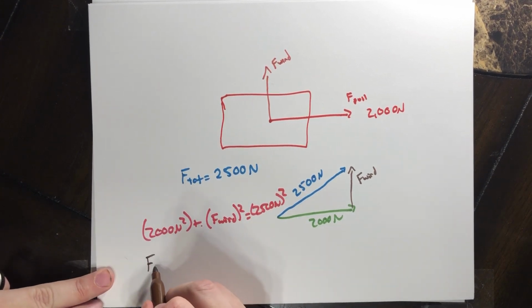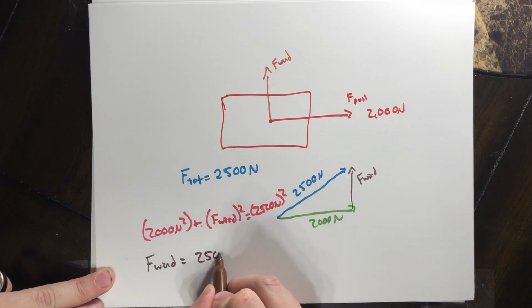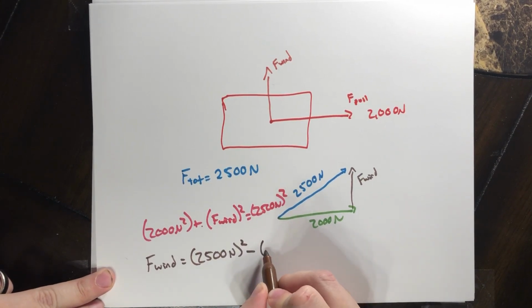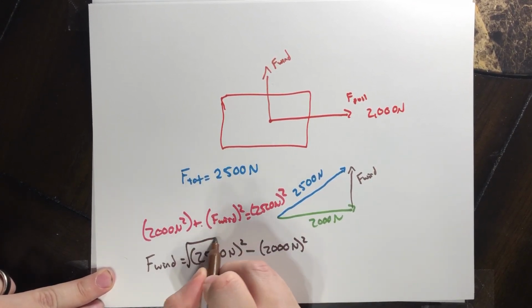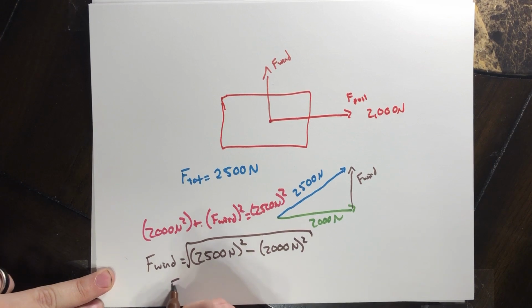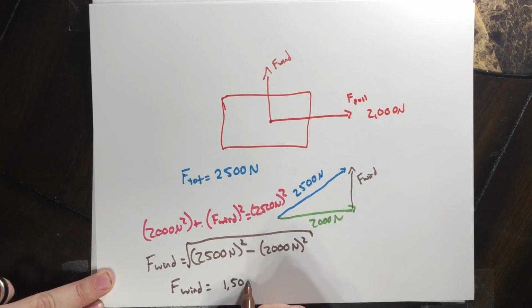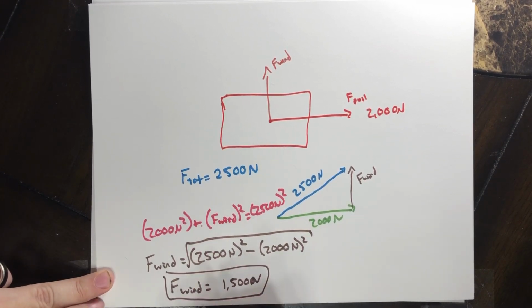We know that the force due to the wind is going to be equal to 2,500 newtons squared minus 2,000 newtons squared, and we take the square root of that whole thing. And therefore our final force of our wind, which is just the part going across, is 1,500 newtons. So that's how much the wind pushed on that trailer.